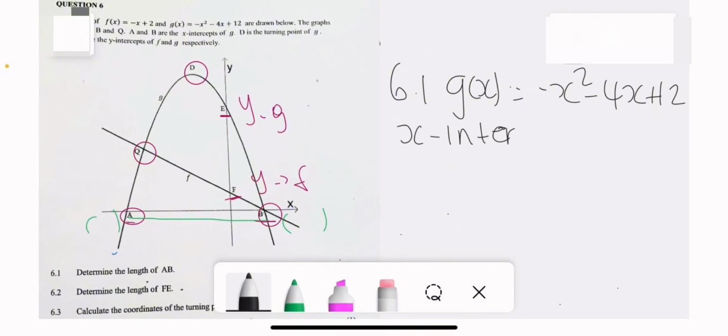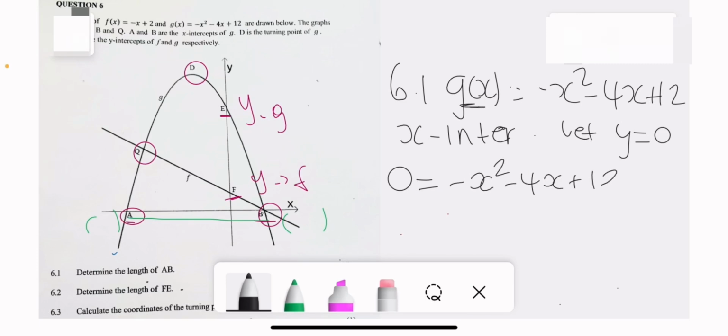For x-intercepts, you always let y equal 0. So this is g(x) as y. That will be 0 = -x² - 4x + 12.